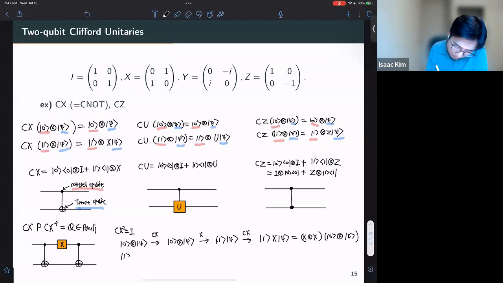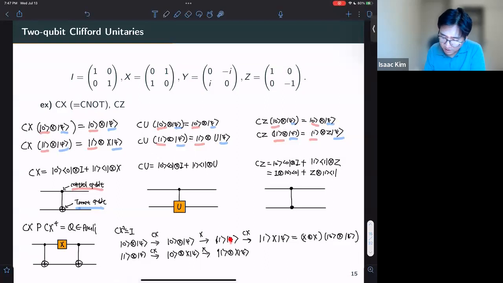What about the other state? 1 tensor psi. I apply Cx. I get X psi, and then I apply X. Then I get 1 tensor X psi. I realized that I forgot the tensor product notation here. I hope that's okay. If it's confusing, do let me know.